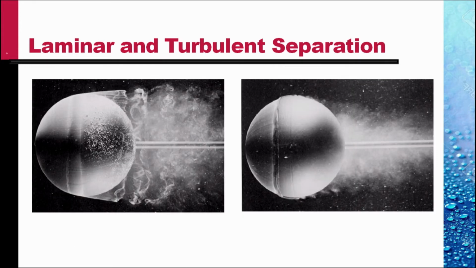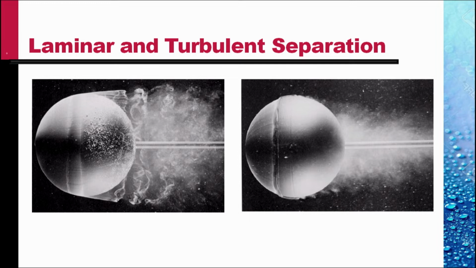These two pictures demonstrate the behavior of the boundary layer on a sphere. In the first picture, we see the laminar separation of the boundary layer slightly ahead of the shoulder of the sphere.